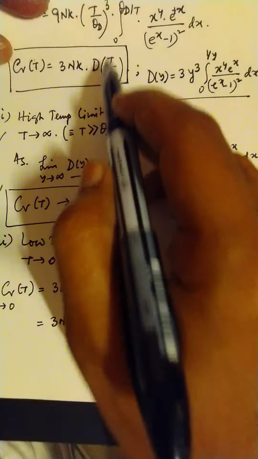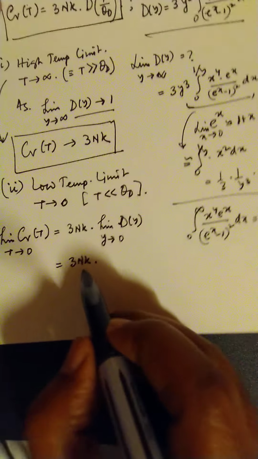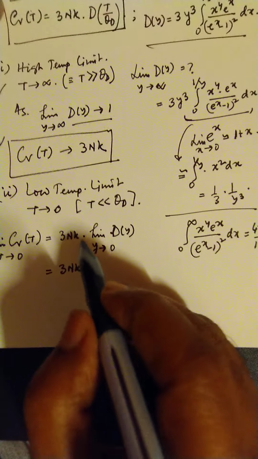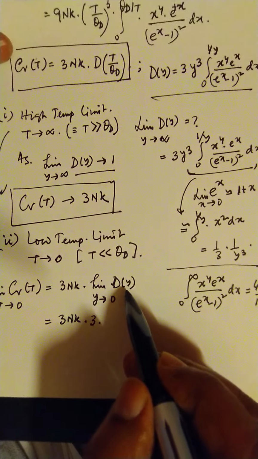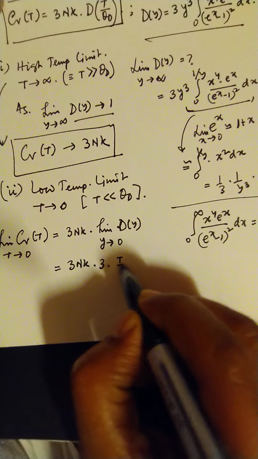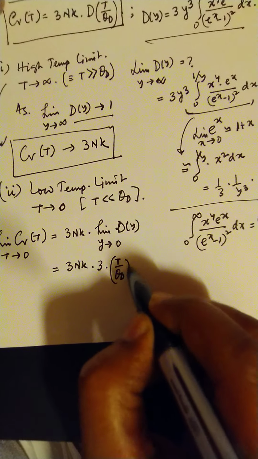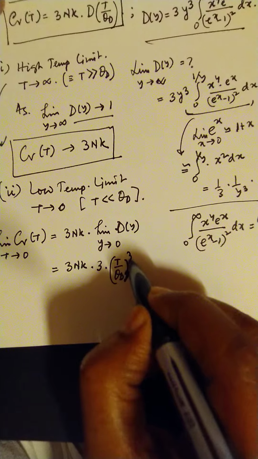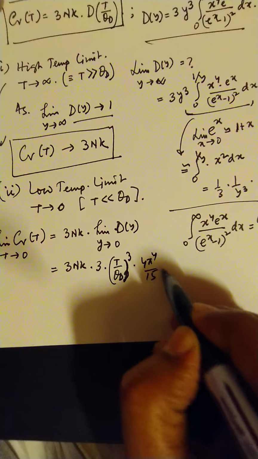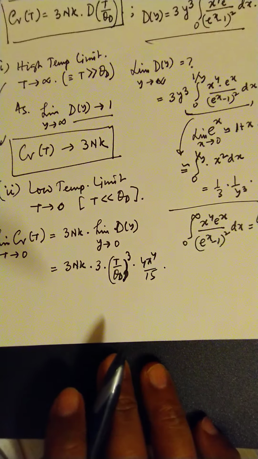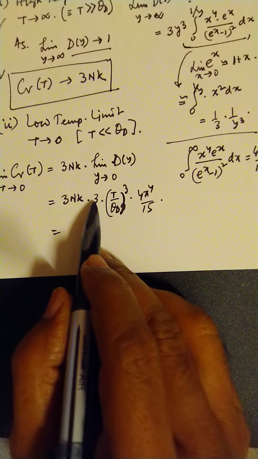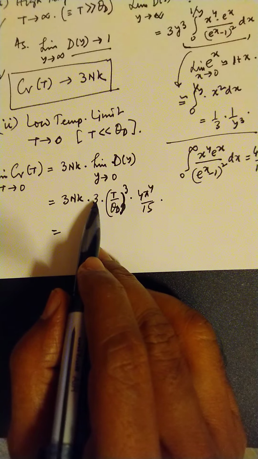And y, in this case, is T by theta D, right? So that is 3, and y cubed becomes that coefficient, that is (T by theta D) cubed, and then you have 4 pi to the power 4 by 15 coming because of this integration. So if we just collect all of them together, then it becomes how much?